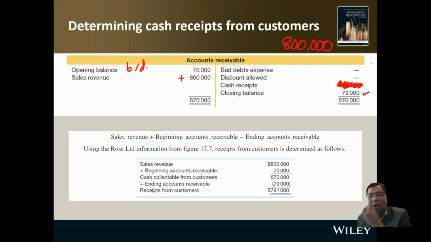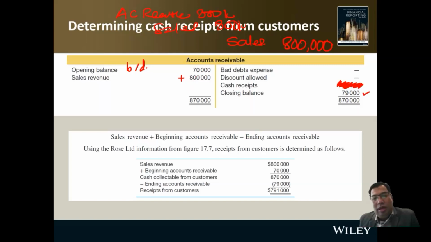Let me repeat again the story. You assume that all this is credit sales, so the transaction will be debit account receivable 800,000, and you're going to credit your sales account 800,000.